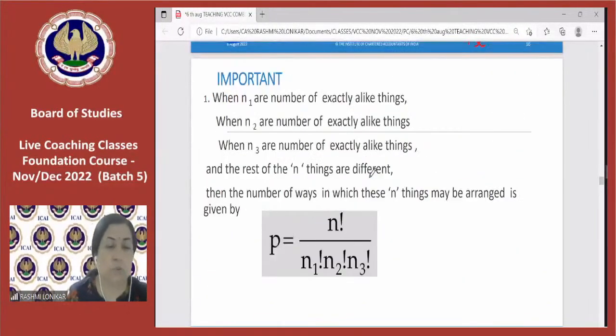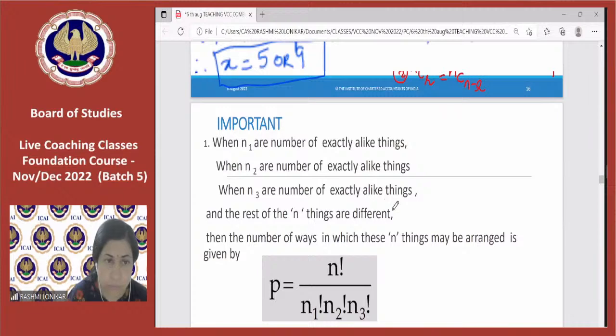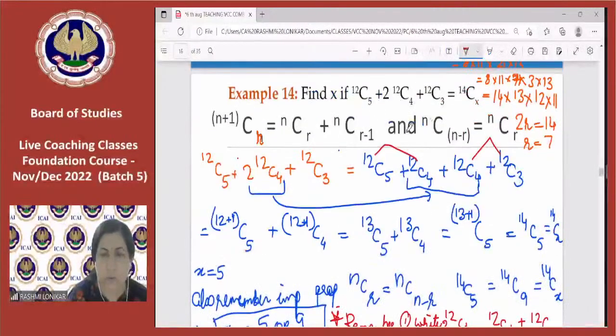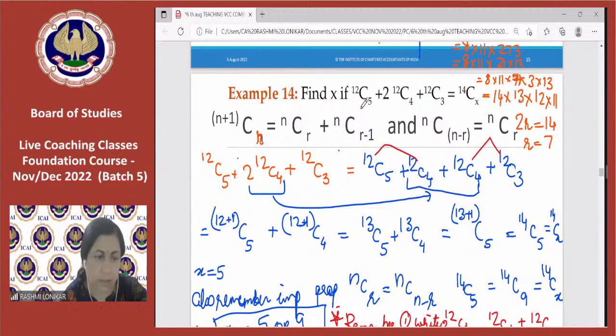Now there are a few questions that you may get in theory also, and you may have sums also. They will give you these wordings, and then they will give you formulas in 4 options, and you have to select the correct formula. So what are the important things that you need to know?